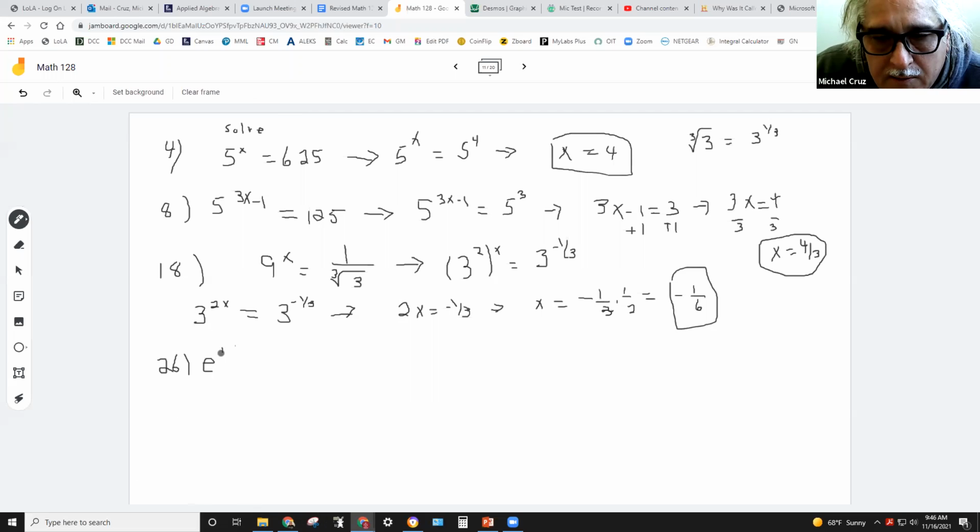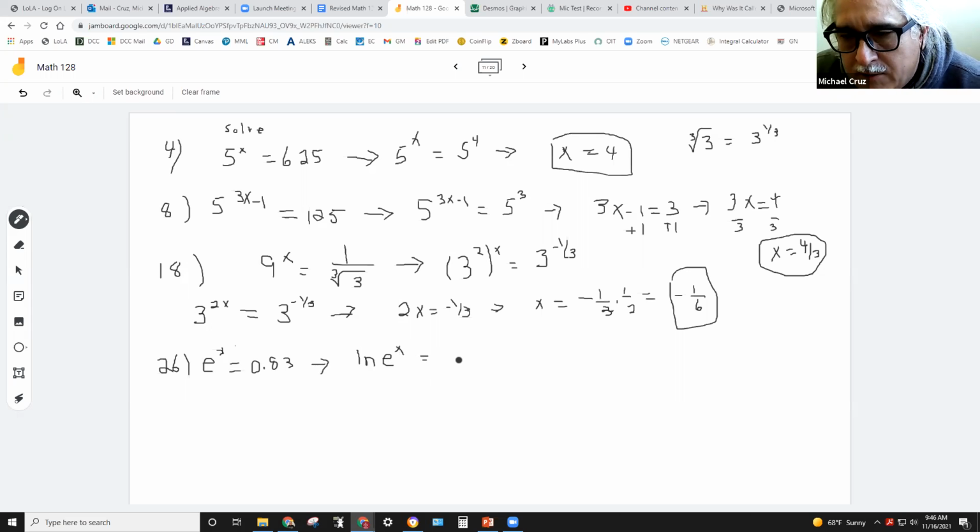e to the x is equal to... All right, so what we're going to do is take a natural logarithm of both sides, because if we take the natural log over here, we're going to lose the e, because those undo one another.